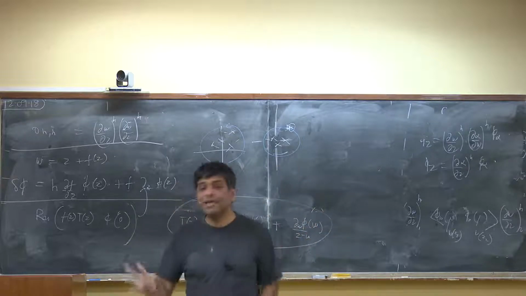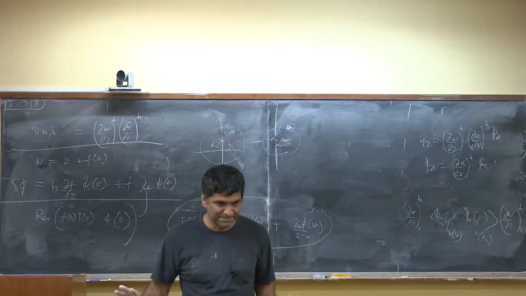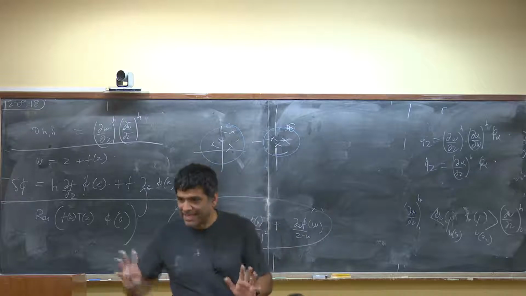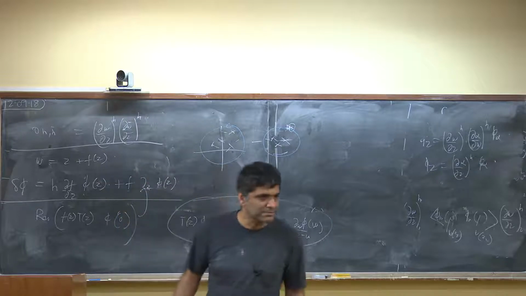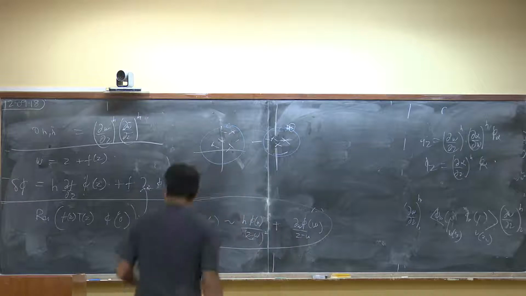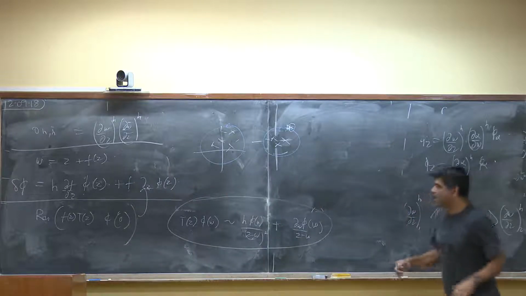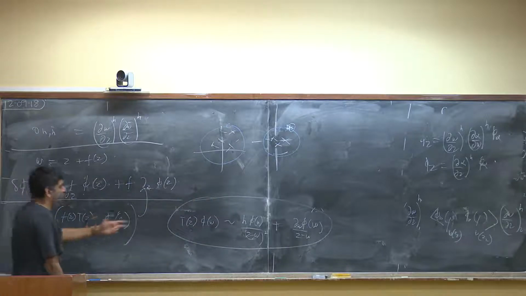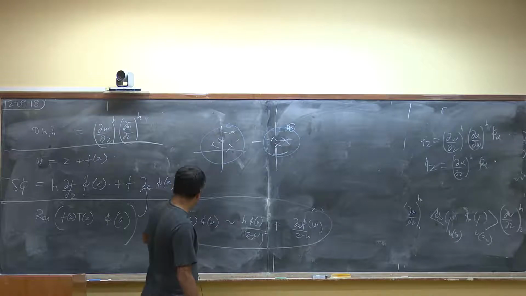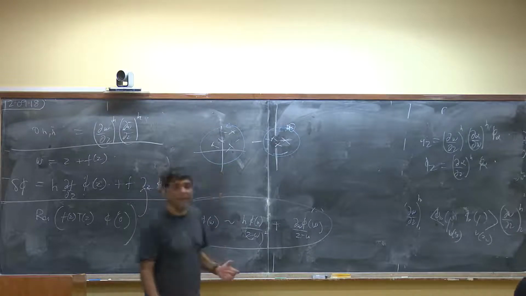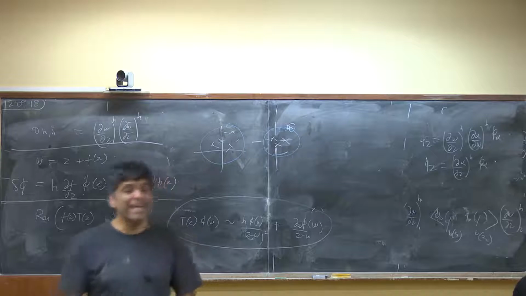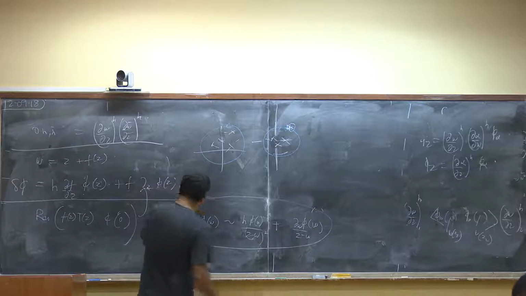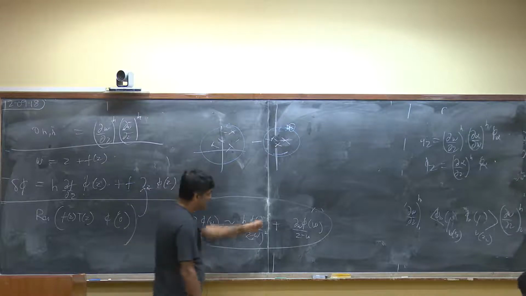It's an equality between two functions of z, computed in two different ways. Okay, that you have to keep in mind. Is this okay? Fine. So excellent. What we've got is that if you have a primary operator, then the OPE between the stress tensor and the primary operator takes this form.